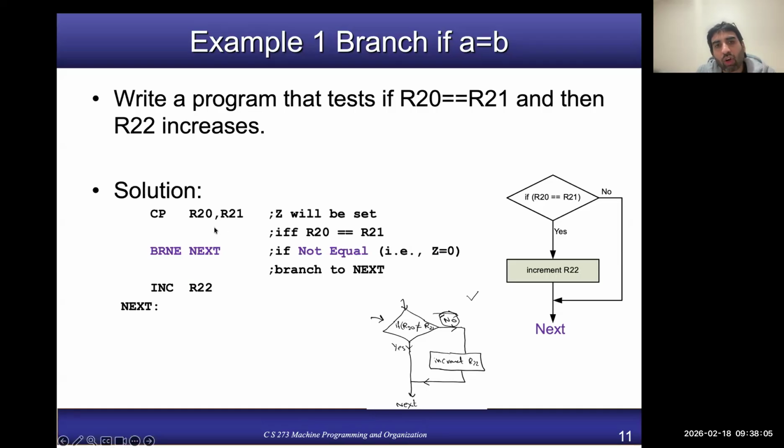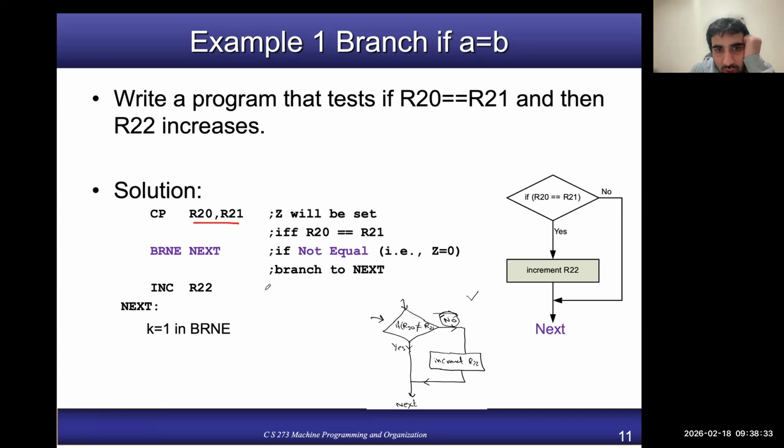We are first writing the condition: compare the value of R20 and R21. Basically the value of R21 will be subtracted from R20, and based on that, the Z and C flags will be set, right? So now we can follow this one.